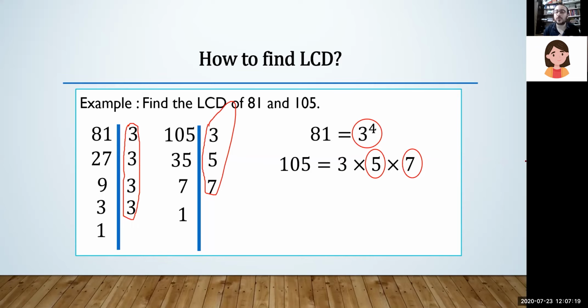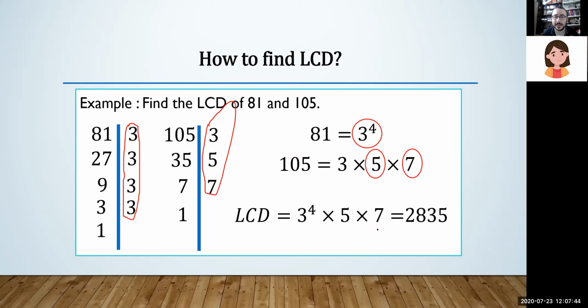Okay, we're now doing the LCD, so we took the highest powers. So we multiply these numbers that we chose. 3 power 4 times 5 times 7, which is 2,835.